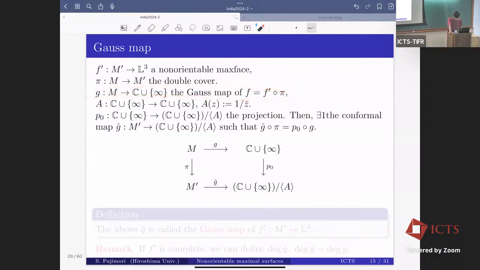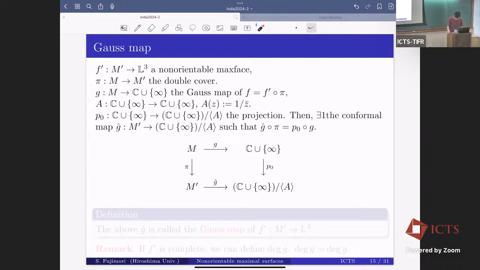And we define the map A as follows: A(z) is equal to 1 over z bar. So not the antipodal point, but symmetric with respect to the equator.